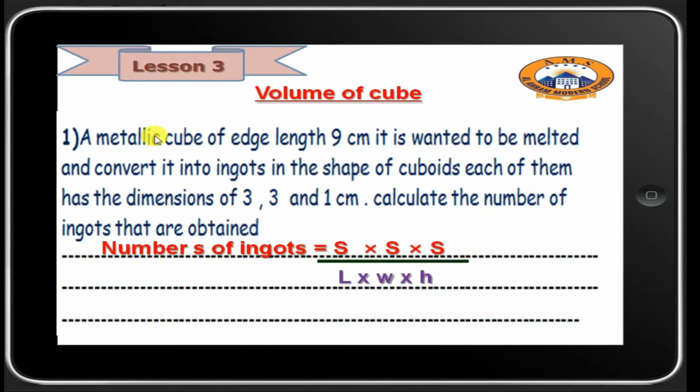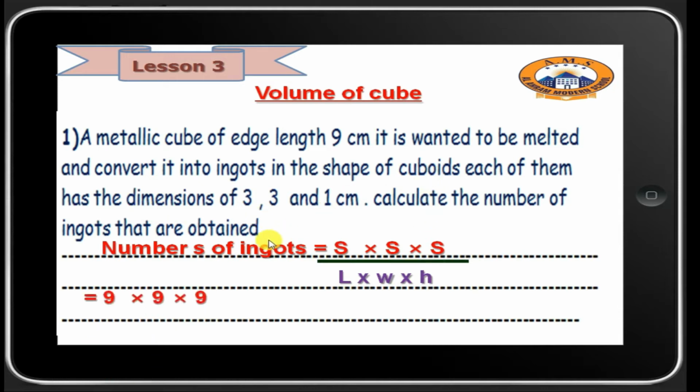The first shape is the cube, so the volume equals side times side times side, over the second solid in the shape of the cuboid, so the volume equals length times width times height, because he gave me the dimensions of the cuboid.